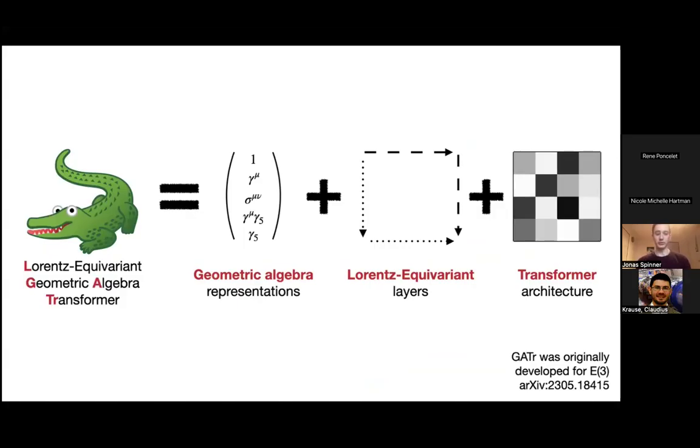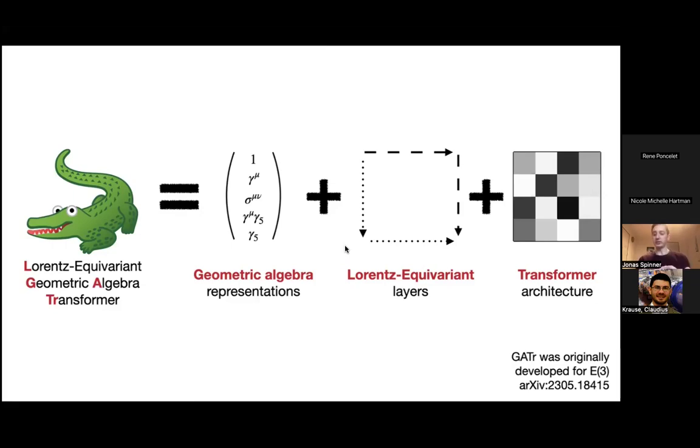L-GATr stands for Lorentz-Equivariant Geometric Algebra Transformer, and there are essentially three key ingredients. First, we use geometric algebra representations as an underlying language, which makes it easy to talk about all these symmetry things. This language then makes it really easy to construct Lorentz-equivariant layers. I will explain later in more detail what equivariance means; it essentially means symmetry aware.